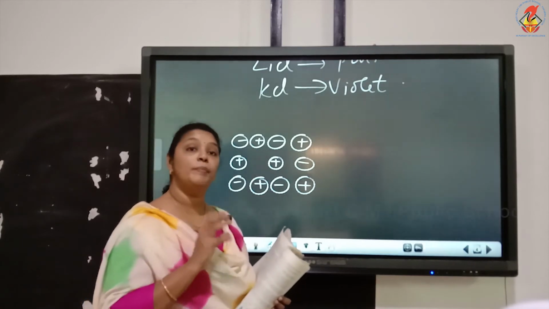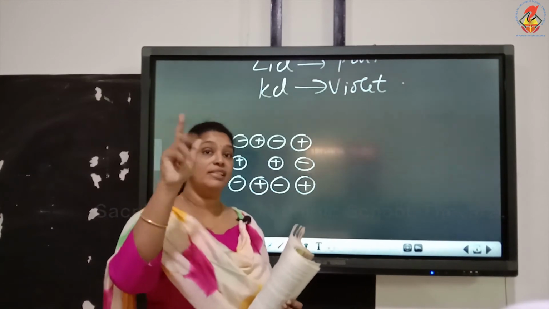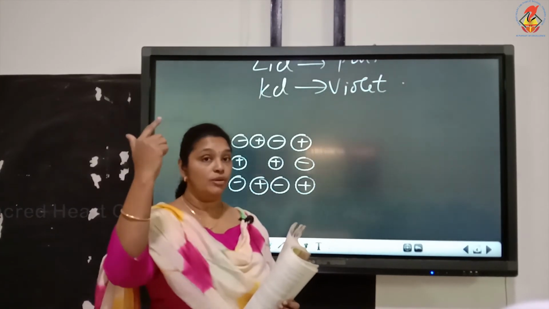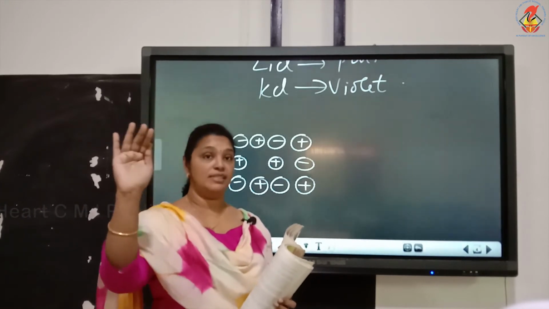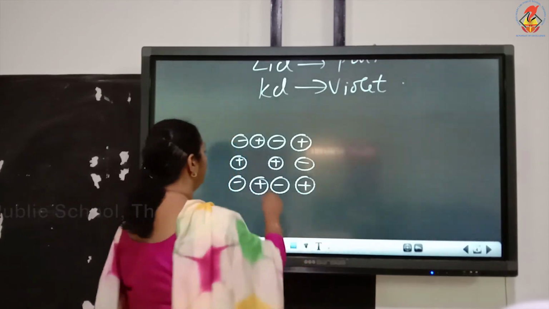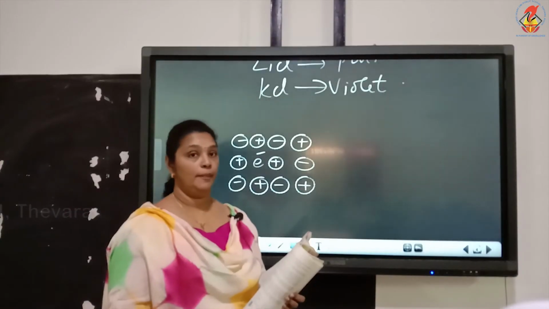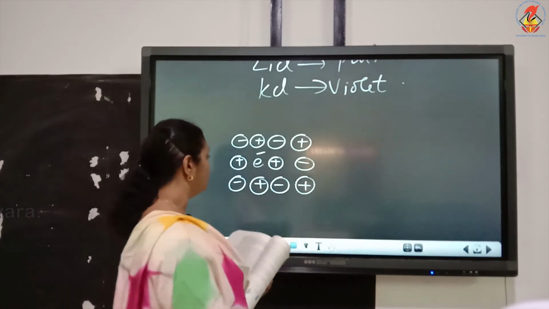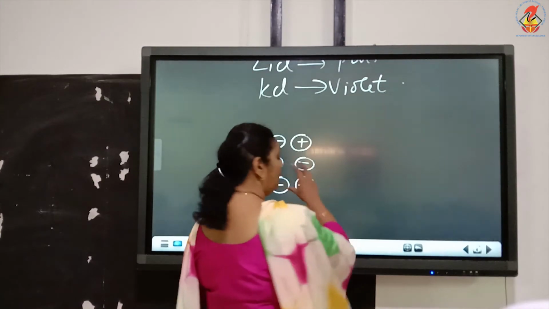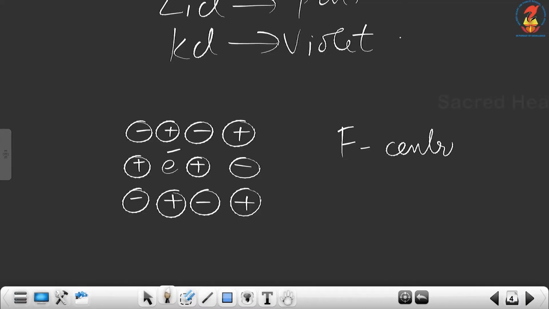Now, who will occupy that position? We know that the sodium atom at the surface lost an electron and changed into Na+. That electron lost by the sodium atom at the surface will diffuse into the crystal and occupy this anion vacancy. The electron entrapped in this anion vacancy is an unpaired electron and we call this F centers.